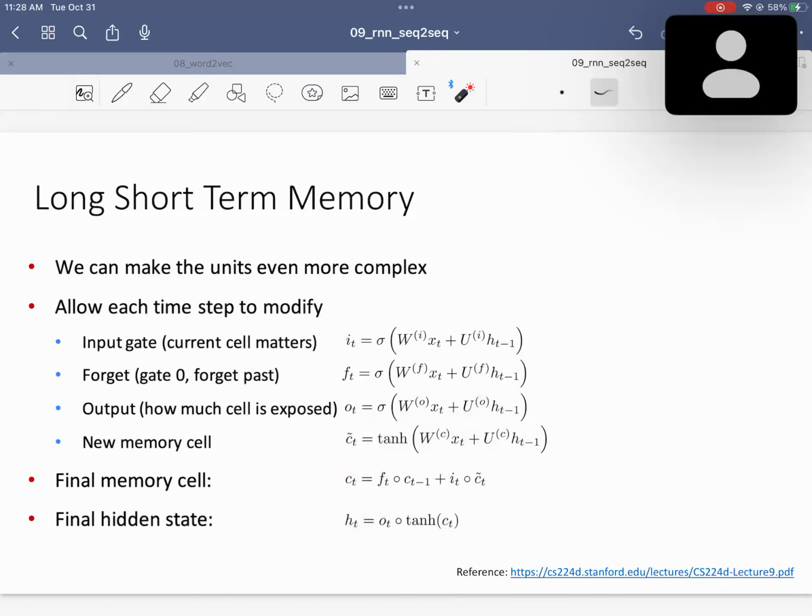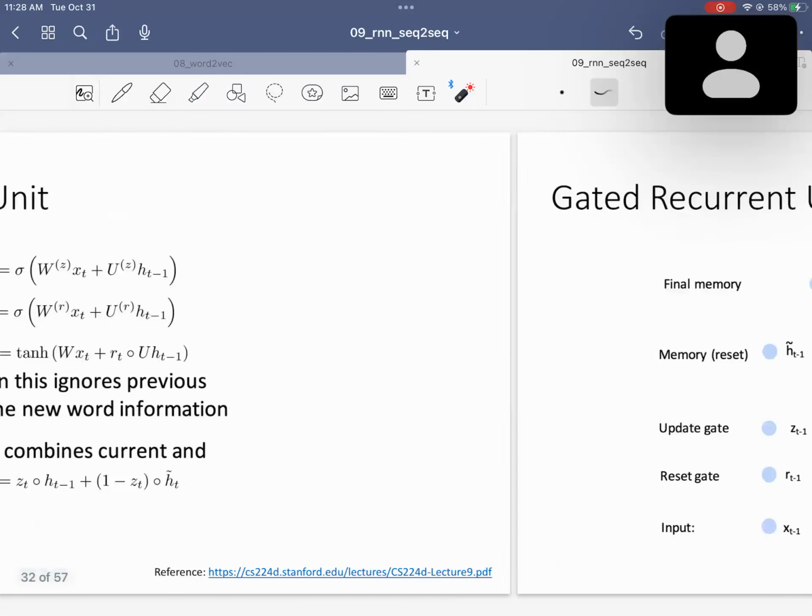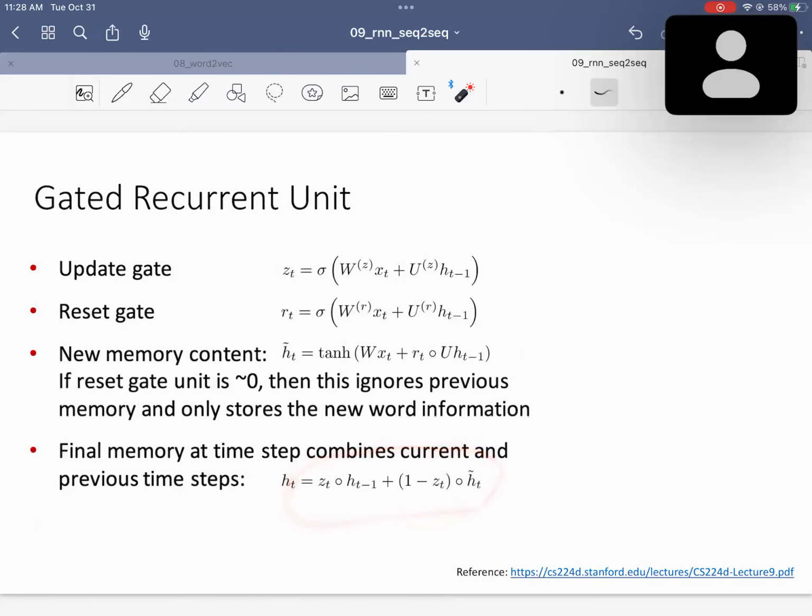Question: why is H_{t-1} and H tilde t a trade-off in the update gate? I mean here? Because H_{t-1} is the previous information, and H tilde t hopefully gets X_t, the current one. So basically you're controlling the degree of how much you want your current input to be reflected in the final H_t. Otherwise, you don't know whether H_{t-1} will actually have previous inputs all reflected.